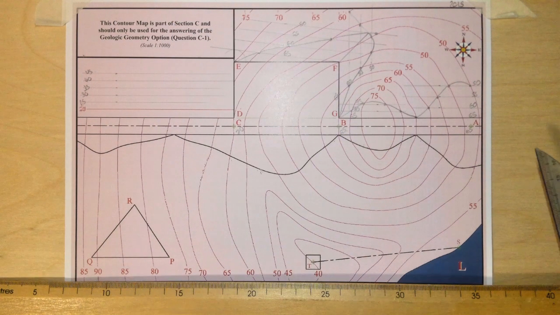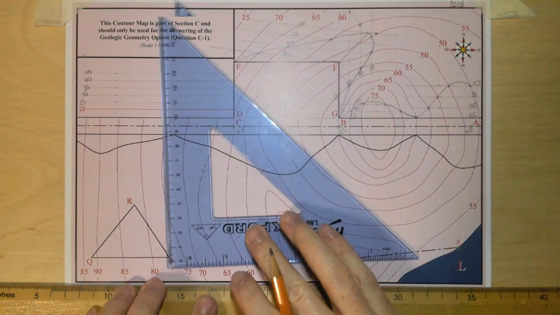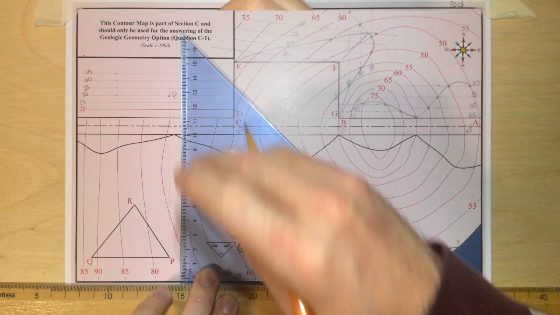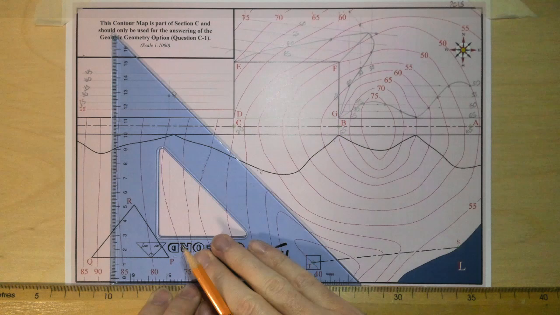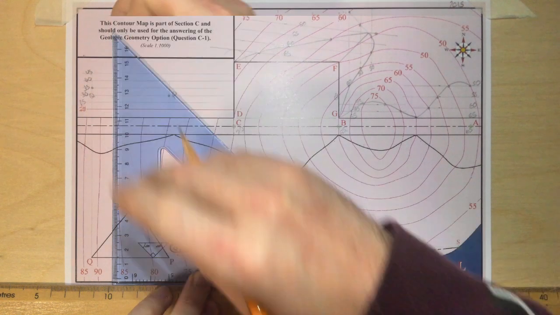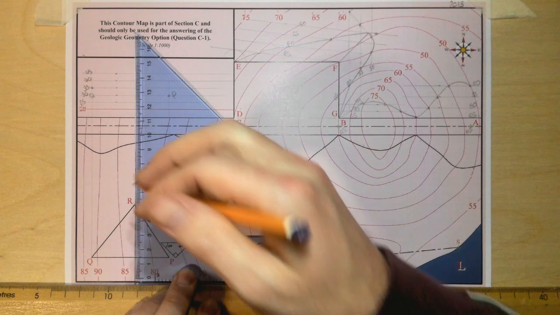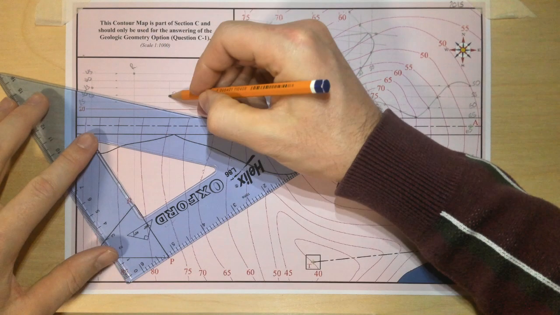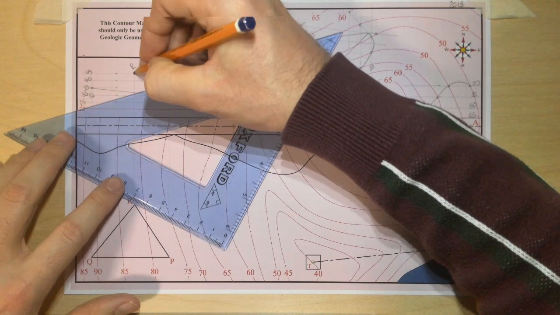Now they tell us that P, Q and R, so P is up 30. That's P. Q is up 35. Q and R is an altitude of 45. Okay, we can draw in the triangle then of the surface in front elevation.